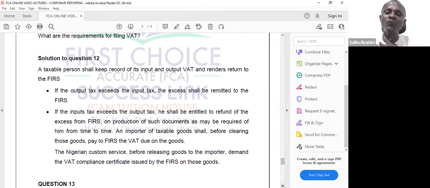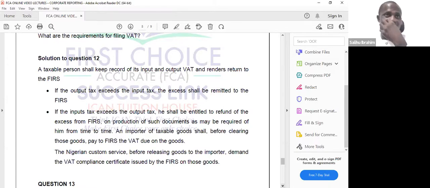Then remove the input VAT from the output VAT to get your VAT payable. The process still applies, only that it is now fully automated.